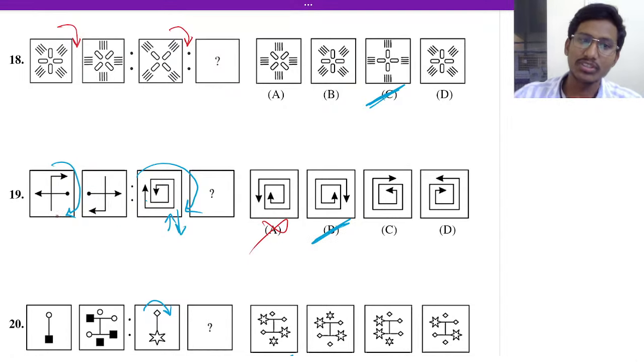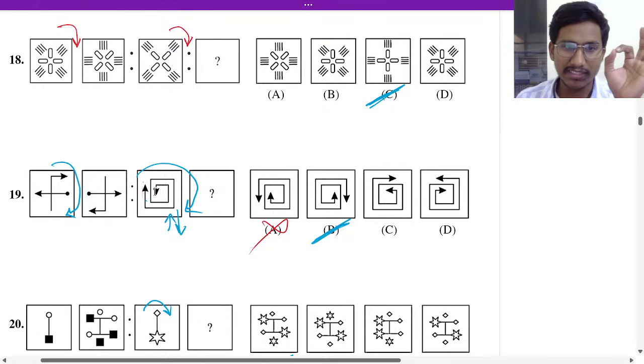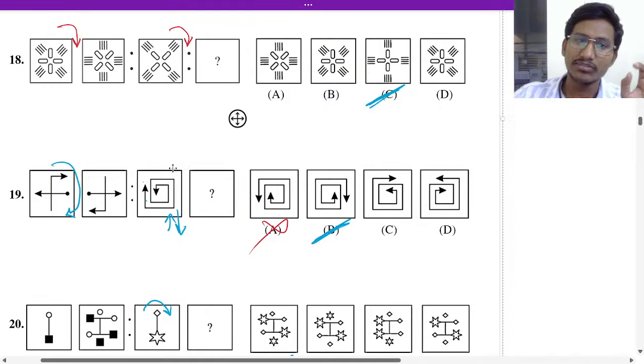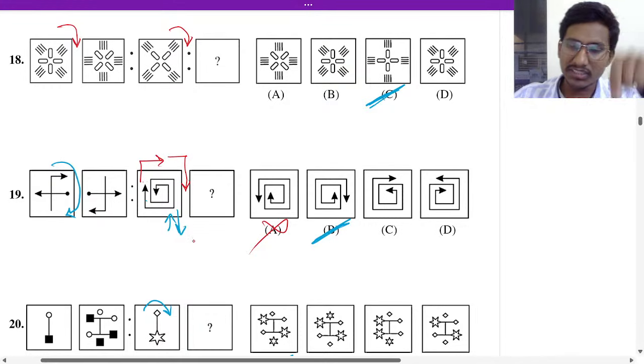Don't be confused. This corner will come in the right side. Understood? That is one time. If you are getting confused, one time you rotate from here to here, and one more time you rotate. If you rotate one more time, it will come in this corner.